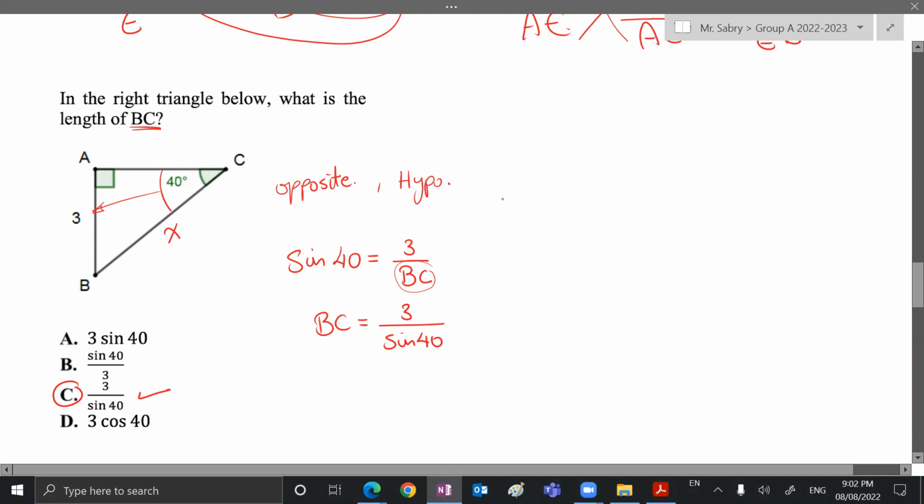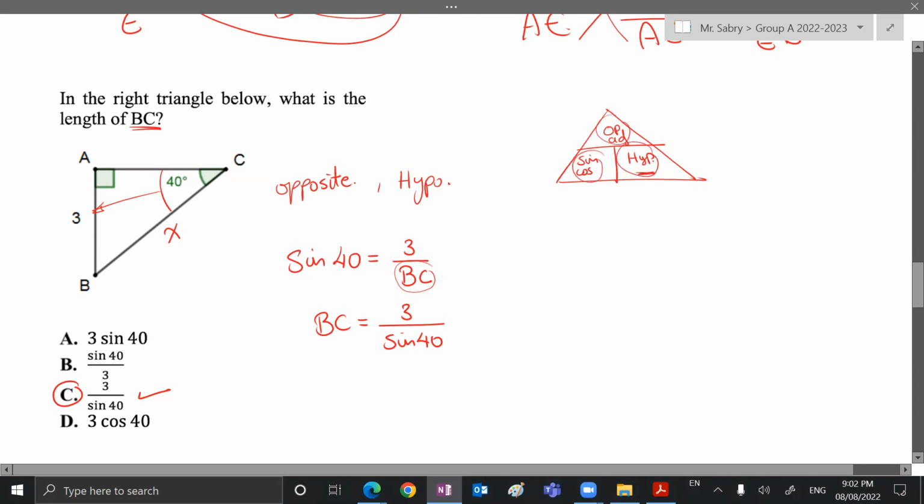So here's how it goes. It's always either sine or cosine or tan, equals the opposite or the adjacent over the hypotenuse. So the sine of something equals the opposite over the hypotenuse.